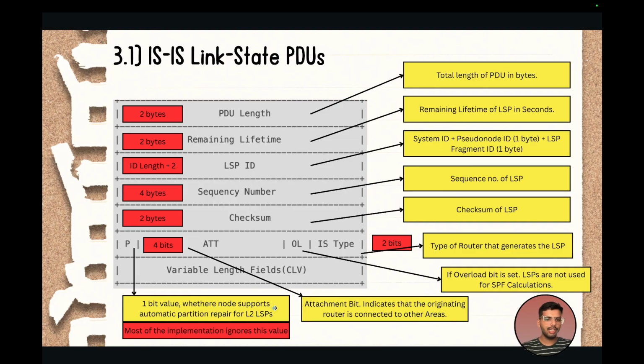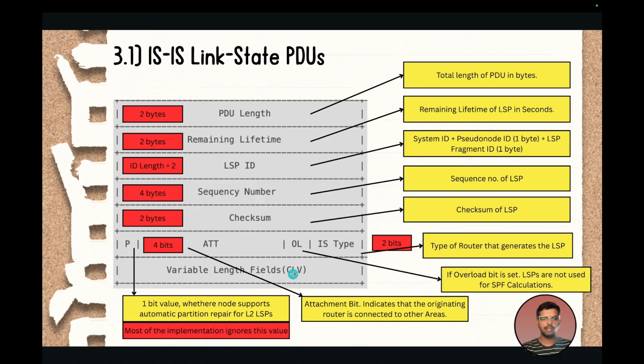Most implementations of IS-IS today, whether Cisco, Arista or Juniper, don't support this because it is not implemented. I don't know for what reason. There might be certain reasons why they ignore this value, but you can research this automatic partition repair on Google.